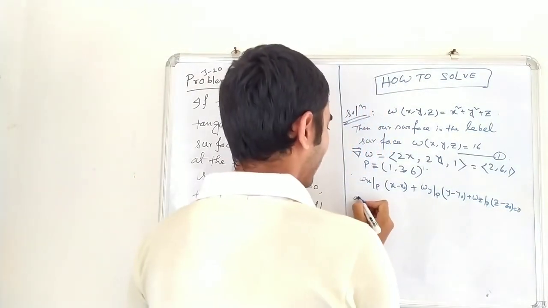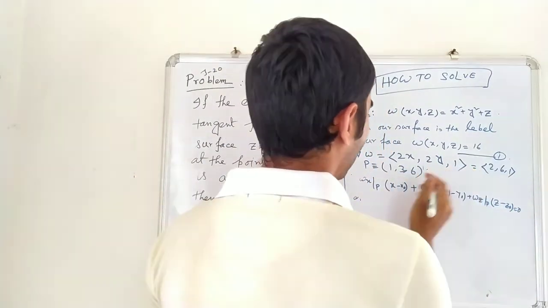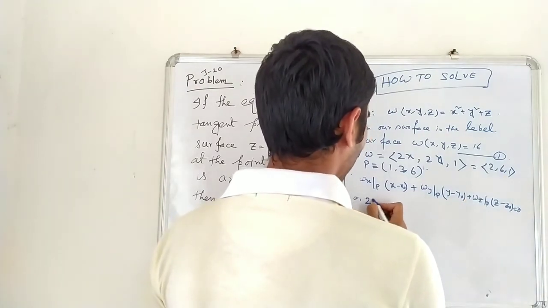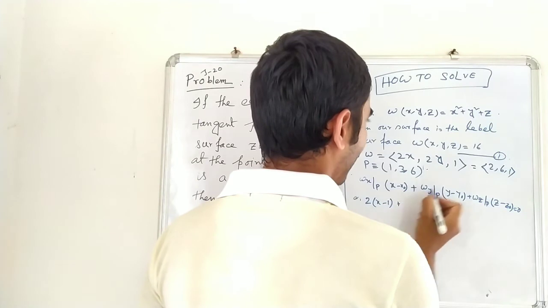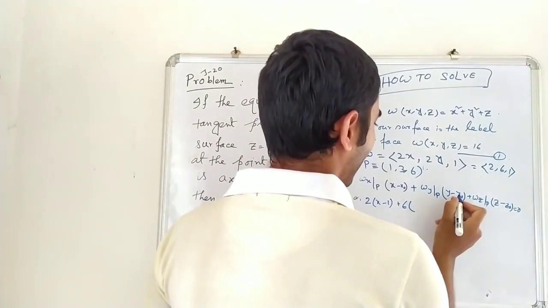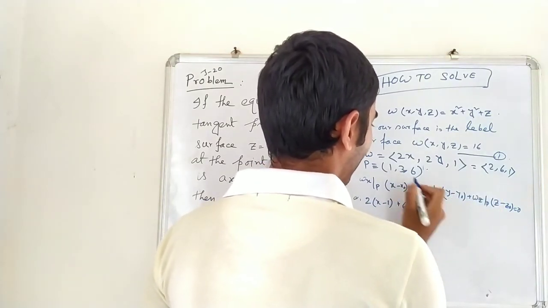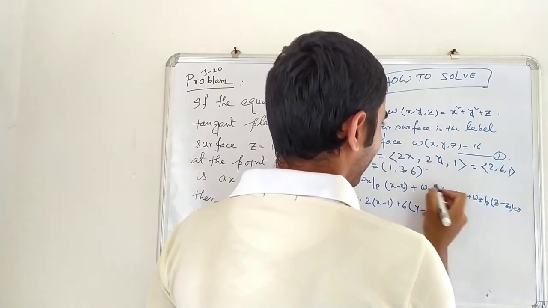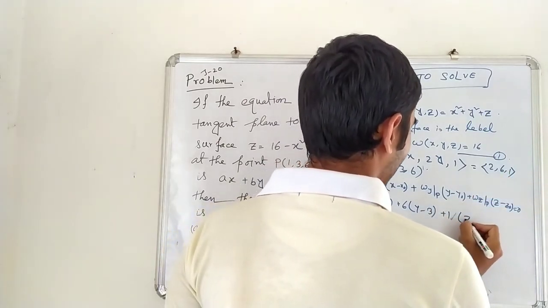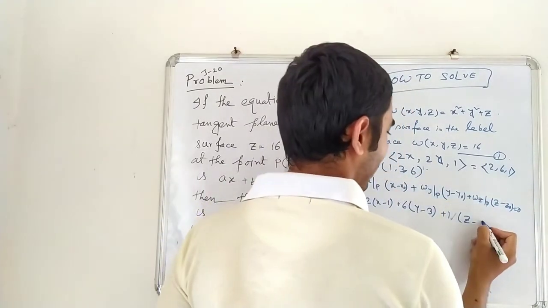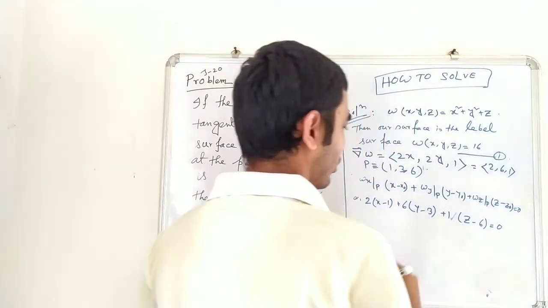Clear? So we get 2 into x minus 1, plus 6 into y minus 3, plus 1 into z minus 6, equal to 0.